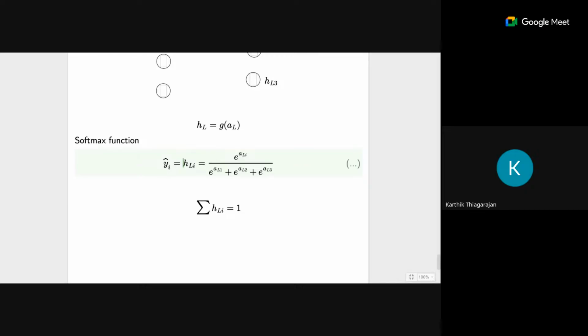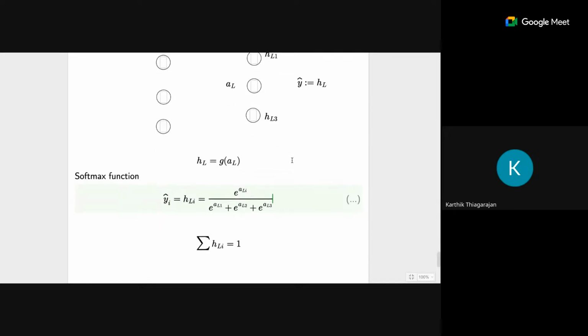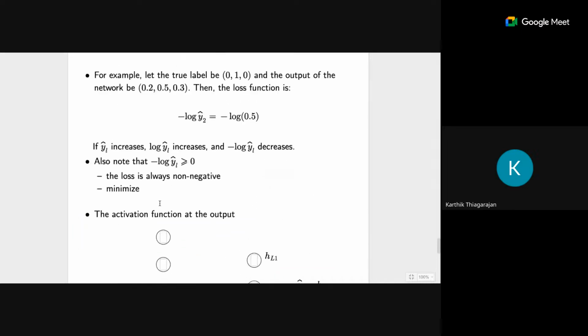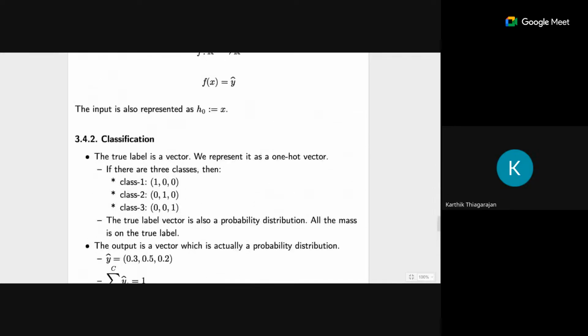So the probability for the ith class is given by e power a_L_i divided by the summation of e power a_L_j. Is that fine with everyone? Yes, sir. Okay, so that is the forward pass. I hope the forward pass is clear.